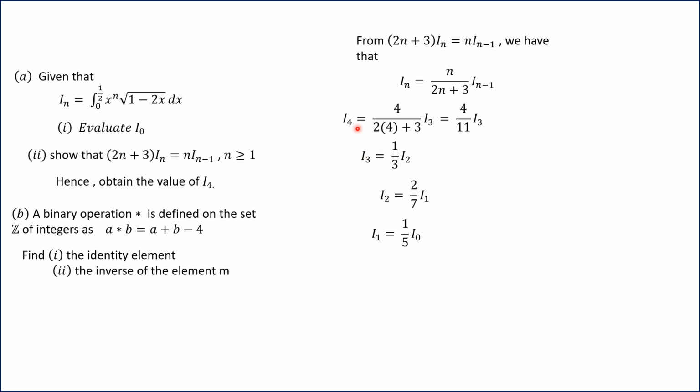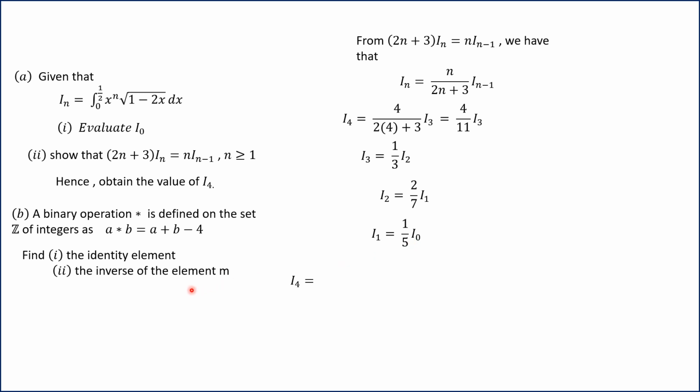After having all this in place, I'll now write down the expression for I_4. I_4 is equal to 4/11 I_3, and I_3 is what? 1/3 I_2. So we'll be having 4/11 times 1/3 times 2/7 times 1/5 times I_0.